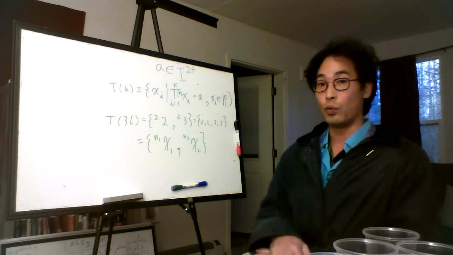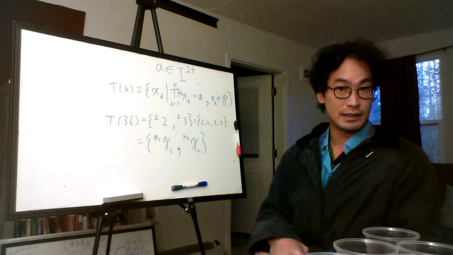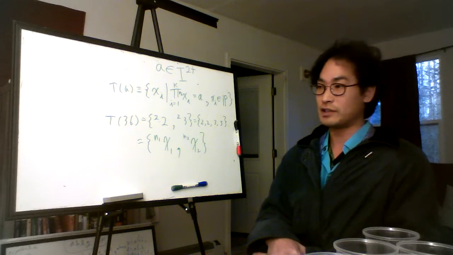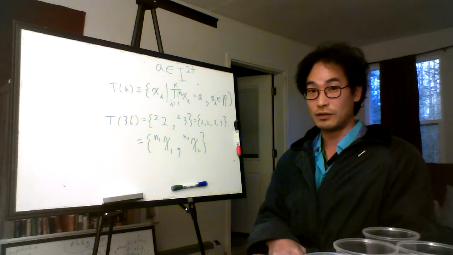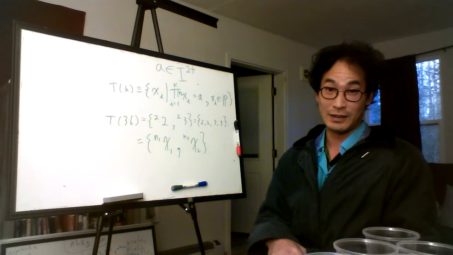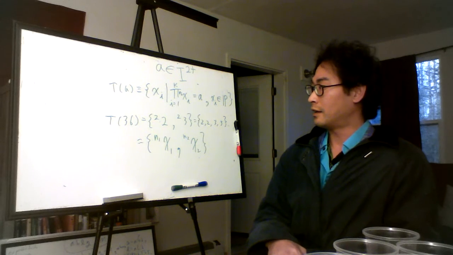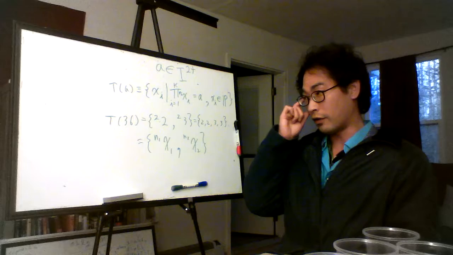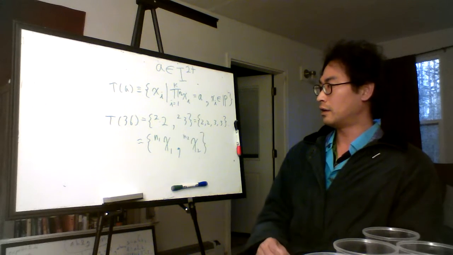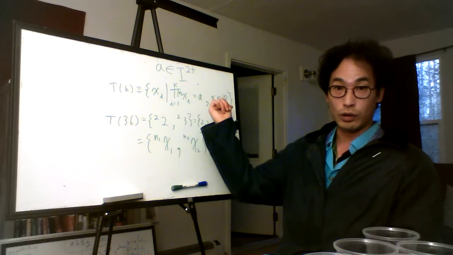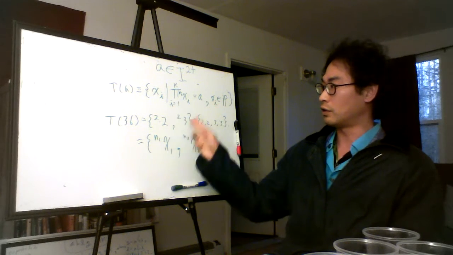We have to talk about a well-ordered set. A set by definition is unordered, but that does not prevent us from ordering it. So, for example, here we are ordering in ascending, increasing order.